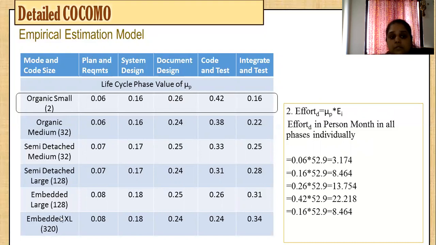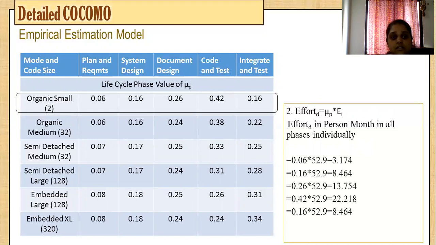You have this table, it's a predefined table where you have organic, that is a small sized project with around 2 KLOC. Organic medium, that is roughly 32. Semi-detached will be medium. It cannot be small because if a project is small, it will come under organic category.